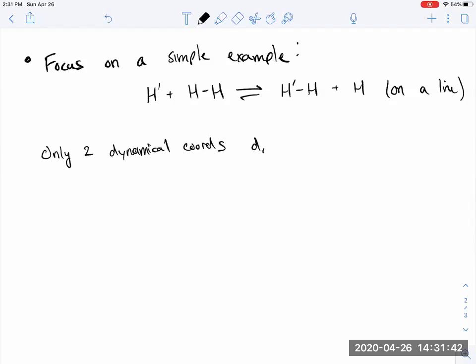A distance d1, which will be the distance from the incoming hydrogen to the molecule, the hydrogen that it's going to bond with, and a distance, let's give that a double prime, a distance d2 between the molecule that's formed and the hydrogen that is leaving. Now, these two are sufficient because we don't have to worry about, for example, the center of mass of all three species.